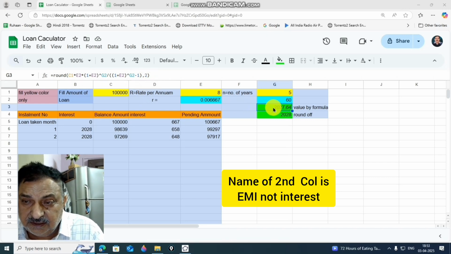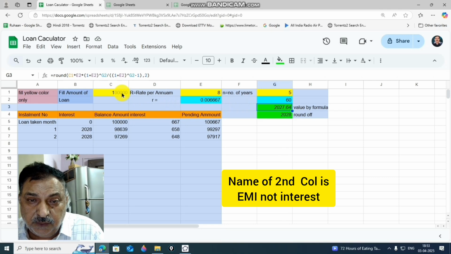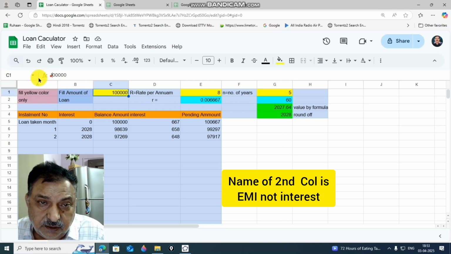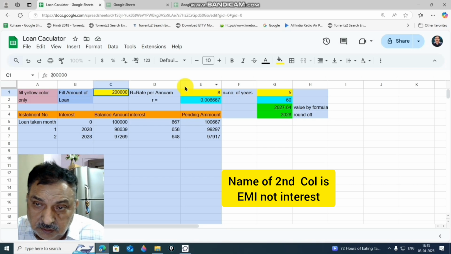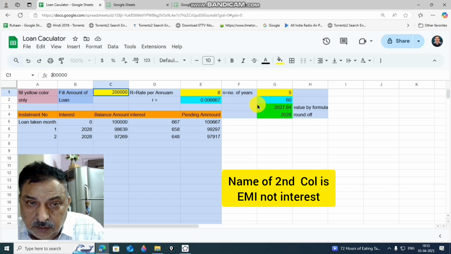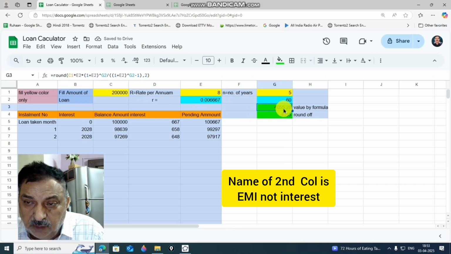We get this. See again, the value is this. If the value is changed to 2 lakh, the result will change. Now the calculator is ready in just 2 minutes.